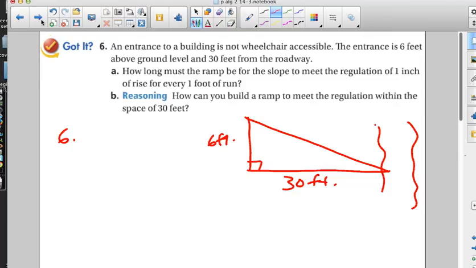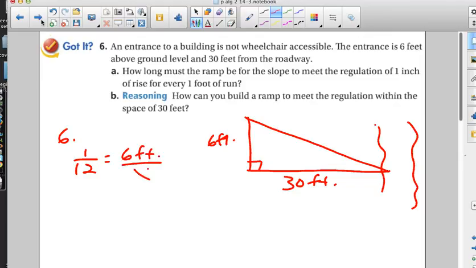A says, how long must the ramp be for the slope to meet the regulation of 1 inch of rise for every 1 foot of run? We know 1/12 is supposed to work here. And they're asking us, hey, this ramp, what would we need to do? Well, this is 6 feet right here.